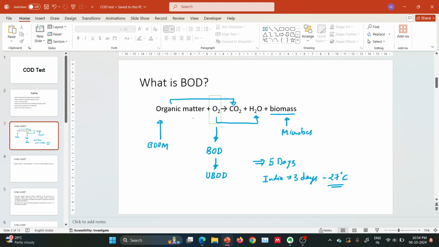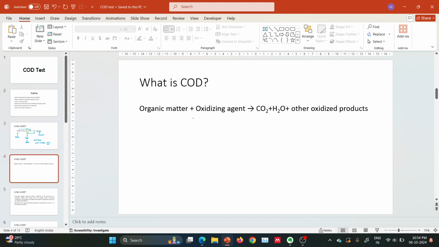The same process is done with the help of an oxidizing agent. The organic matter is getting oxidized to carbon dioxide and other oxidized products, and the oxidizing agent is getting reduced.